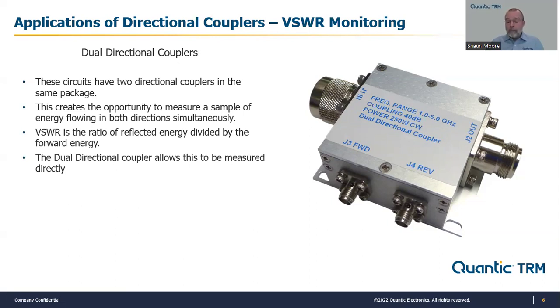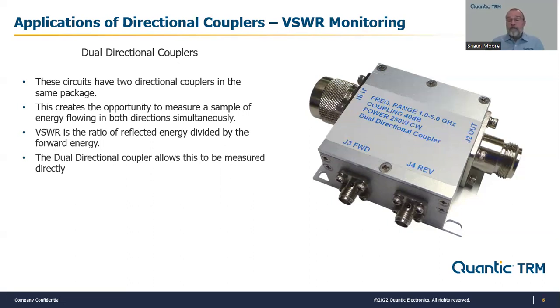The other coupler is essentially turned around so that it will sample the energy going from the output back to the input. And those 2 coupled ports are isolated from each other. Therefore, you can look at the forward and reverse power simultaneously.